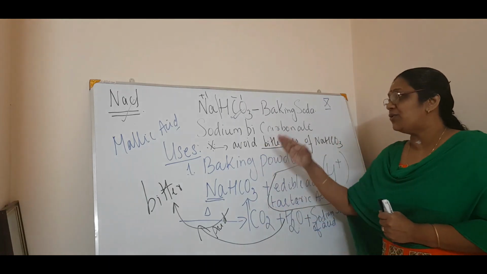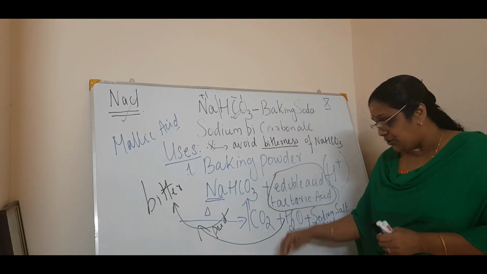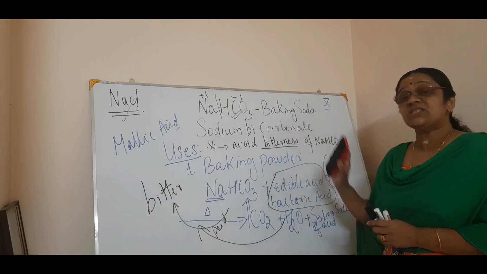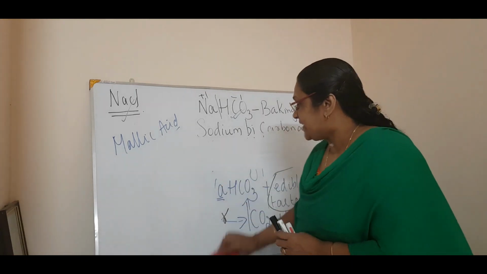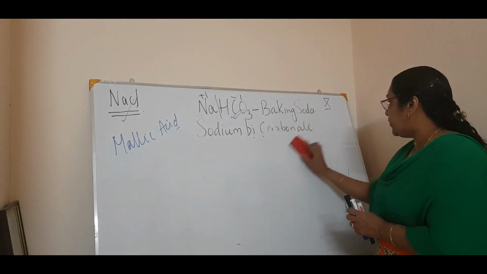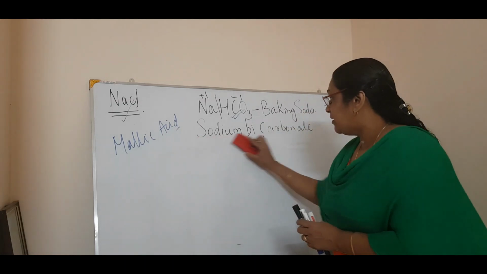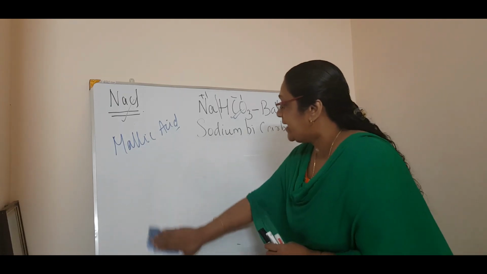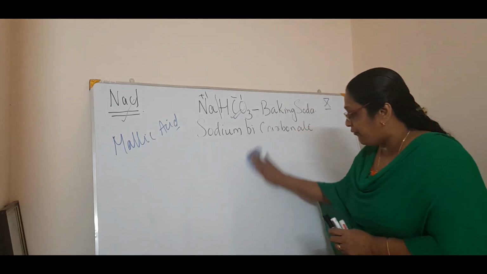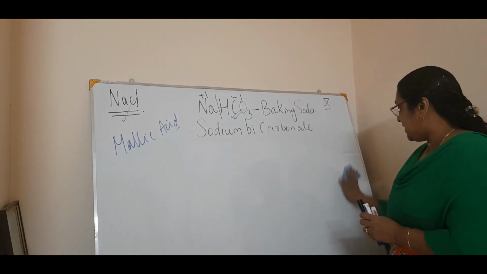Now we will pass on to the next use of baking soda. Now the second use of baking soda. Baking soda is sodium bicarbonate. What is the chemical formula? NaHCO3.